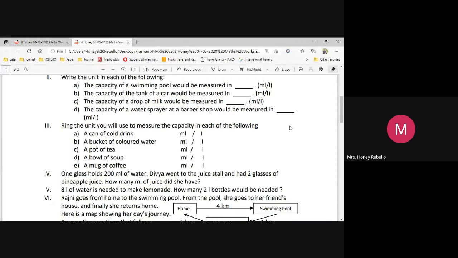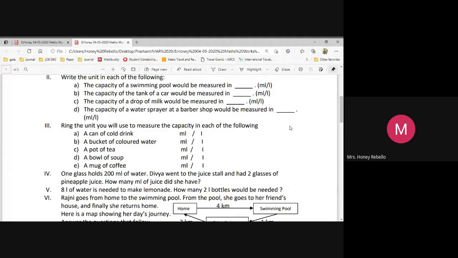Now, second one is a bucket. Keep in your mind a bucket of colored water. Akshita, a bucket of colored water. How will you measure this?